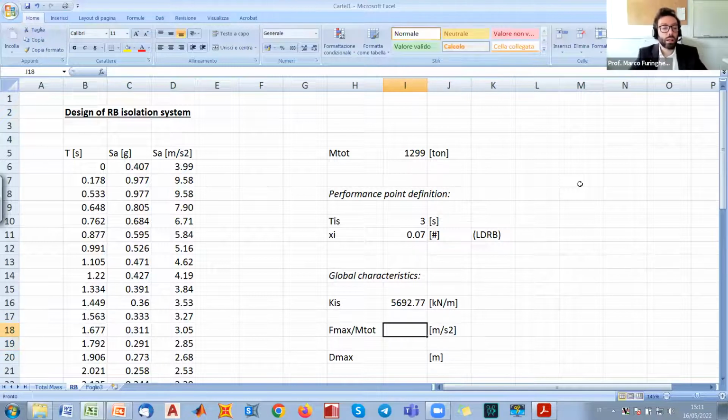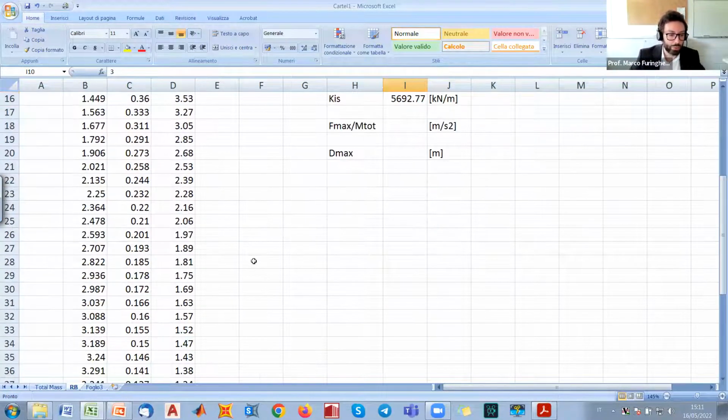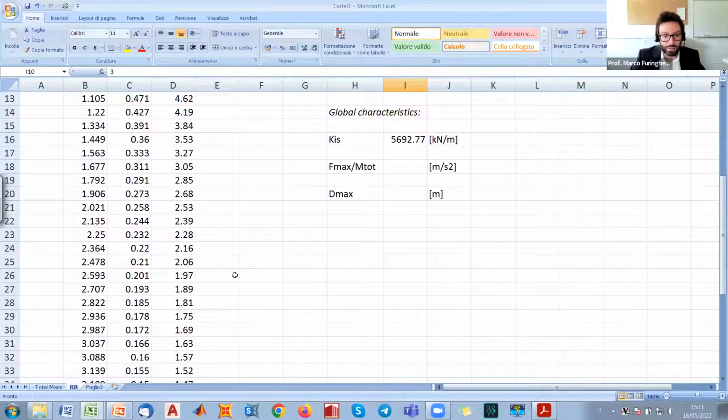So now we have to go within this table, this list of points of the response spectrum to check where we have 3 seconds, and then maybe we need to proceed with some linear interpolation.